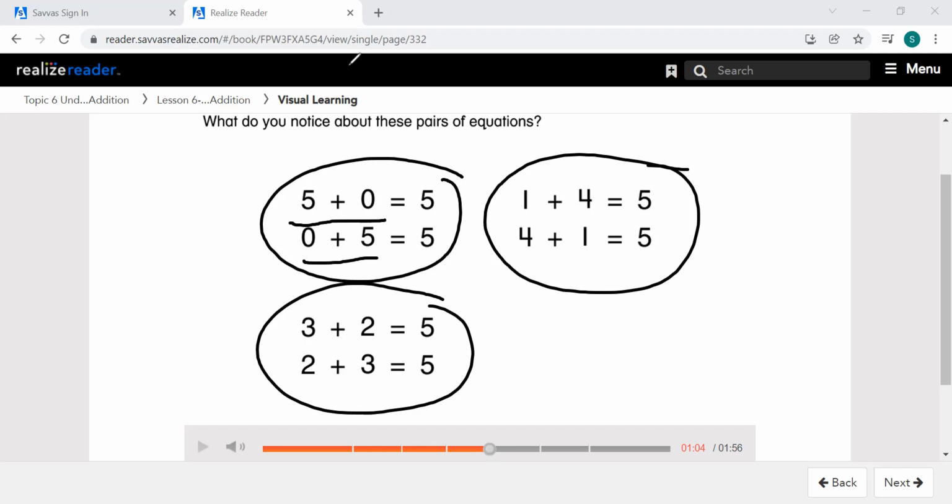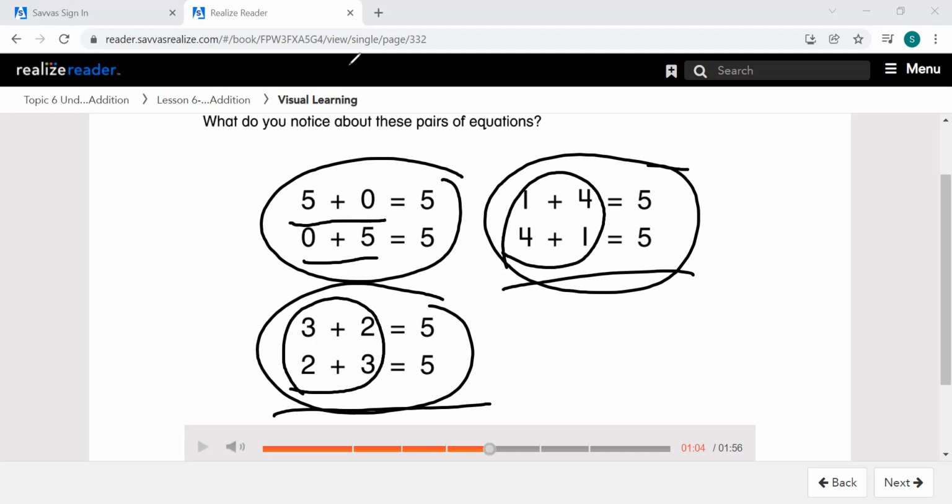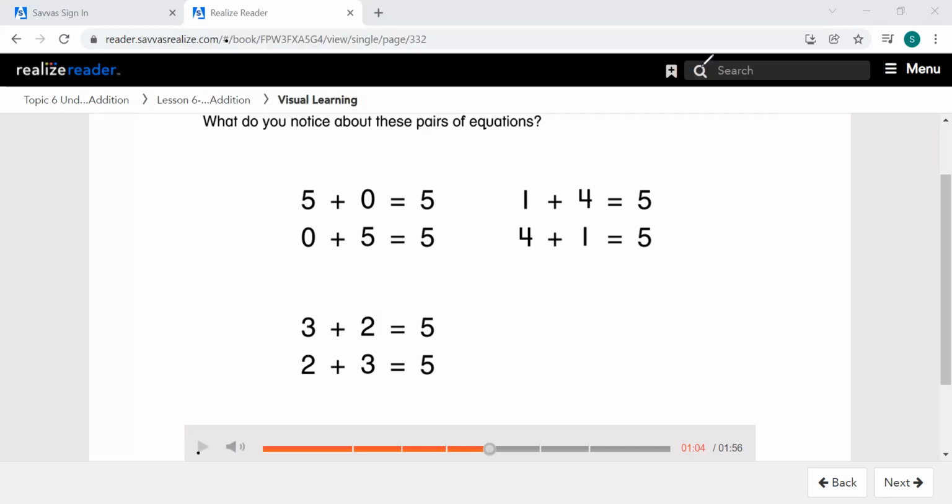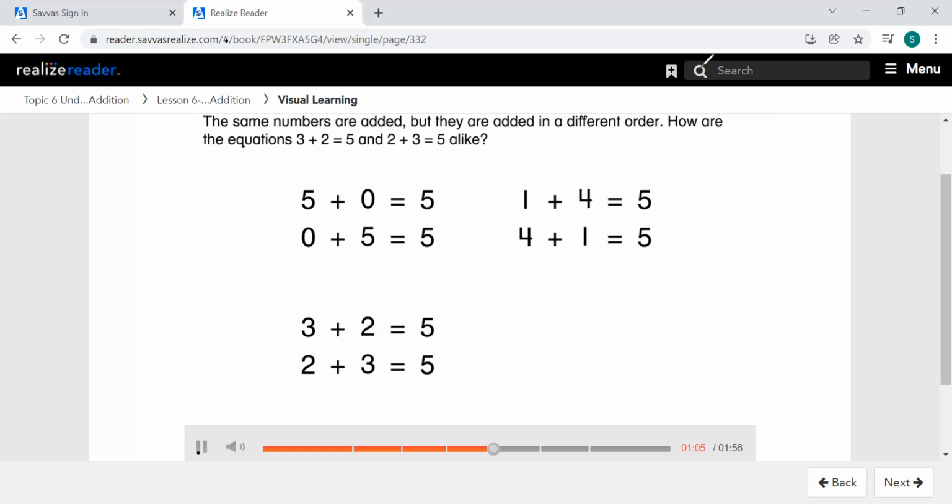One is before and one is after. And if you look at each of these pairs, you'll notice that the numbers being added are the same, right? All right, let's listen. The same numbers are added, but they are added in a different order.